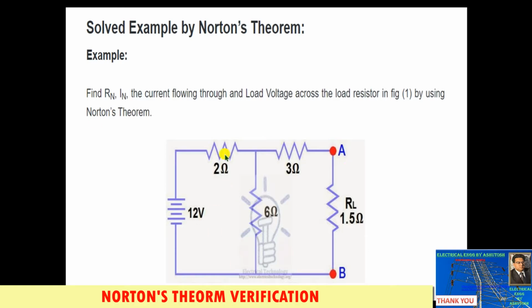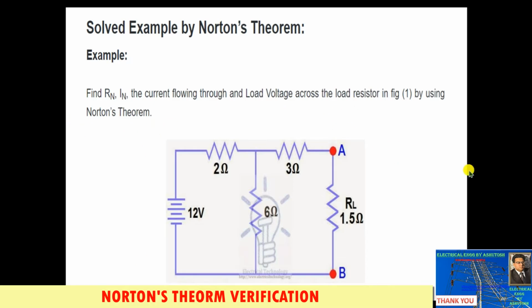We have to find Norton's equivalent diagram, Norton's current, and Norton's resistance, which is also called Thevenin's resistance, both are the same, and the current flowing through and voltage across the load resistor, by using Norton's theorem.